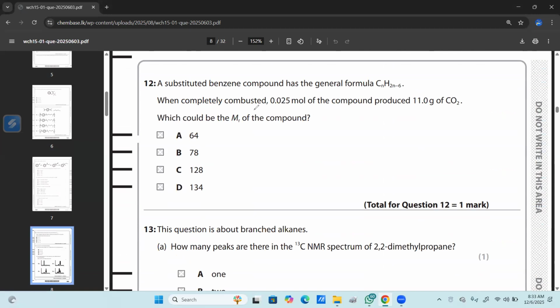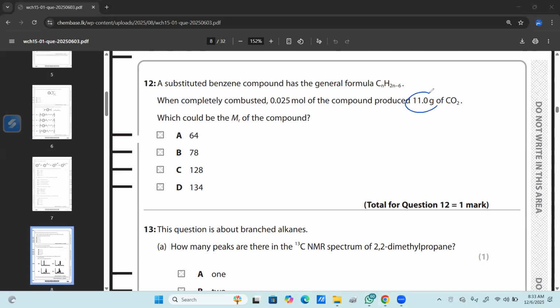A substituted benzene compound has the general formula CnH2n-6. When completely combusted, 0.025 mol of the compound produces 11 g of carbon dioxide. What could be the molar mass of the compound?